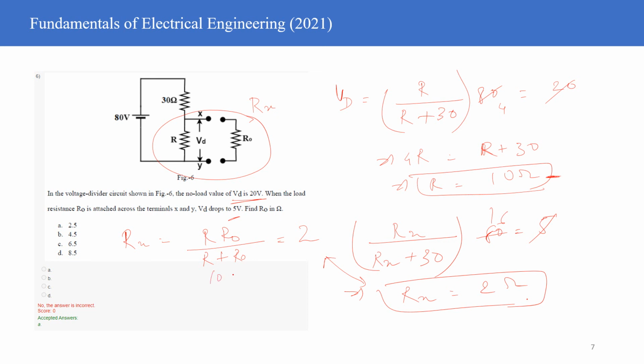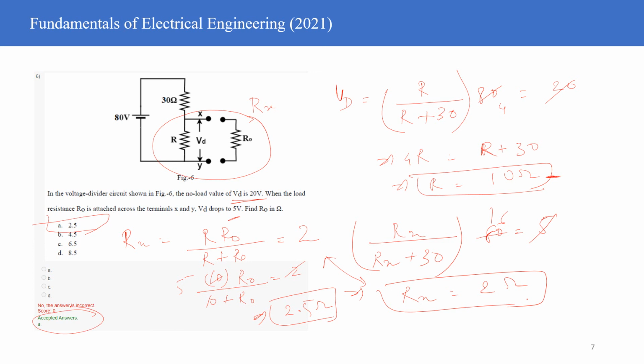So you can put 10 into R0 divided by 10 plus R0 is equal to 2, and this is going to give you R0 as 2.5, and A is the accepted answer.